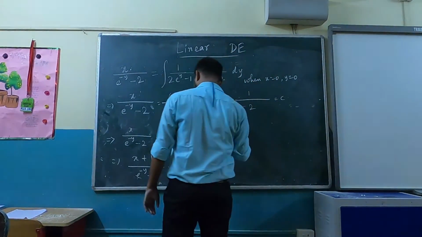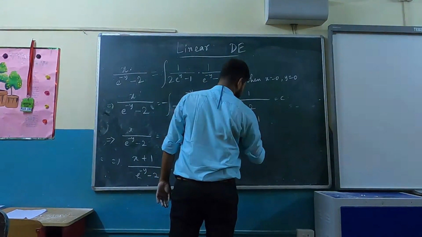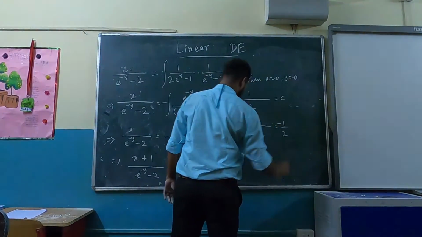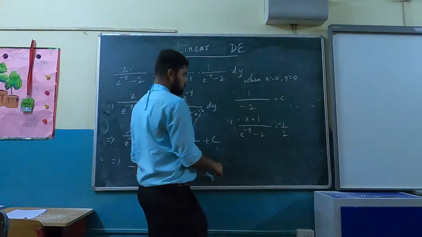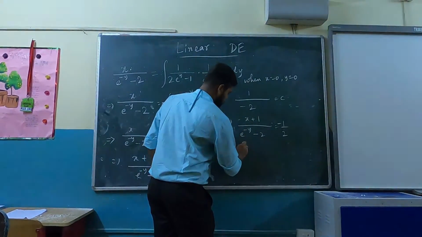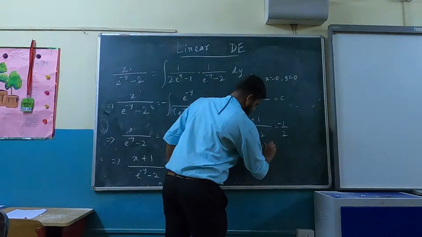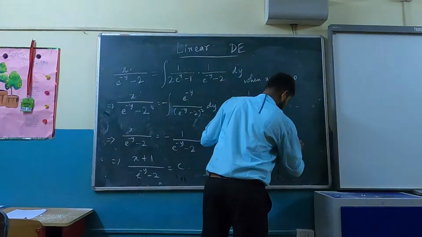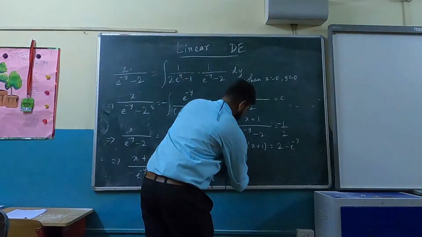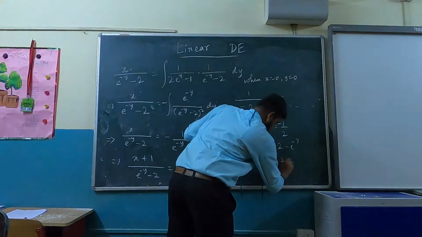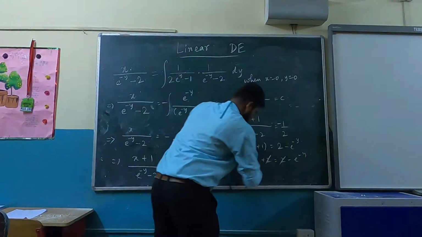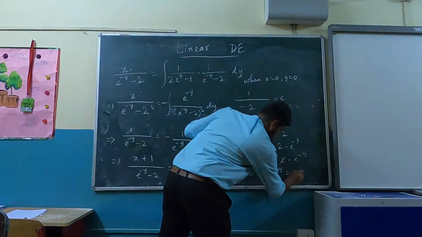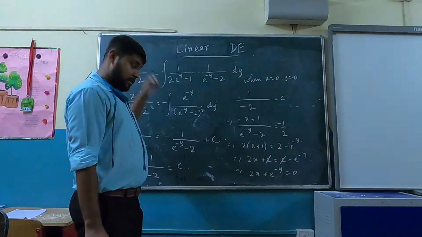So therefore minus half or multiply, so 2 fine.